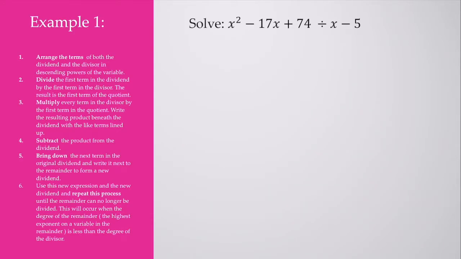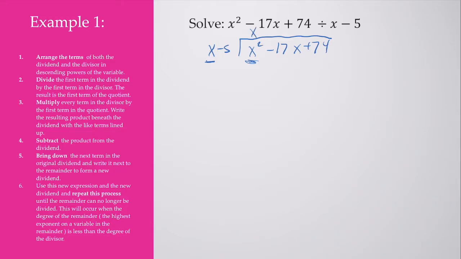If I have x squared minus 17x plus 74 divided by x minus 5, I'm going to set this up, right? So I've got x minus 5, and we're dividing x squared minus 17x plus 74. So I think to myself, okay, what do I multiply x by to make it look like x squared? Well, that's going to be x.